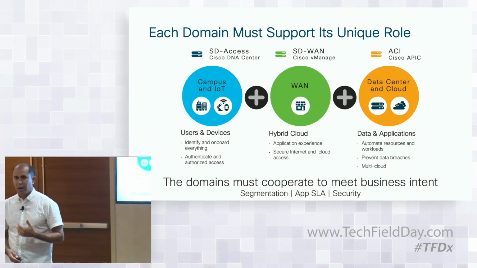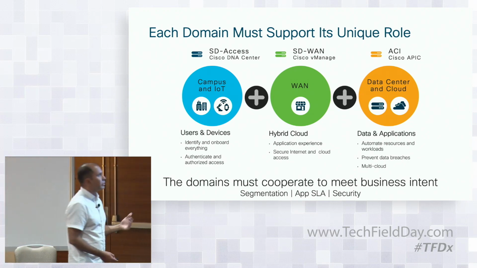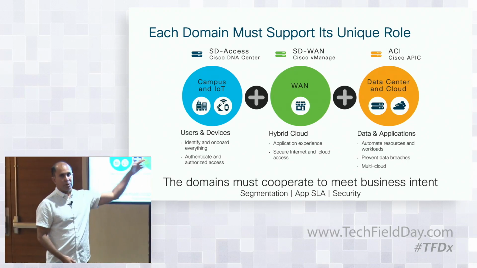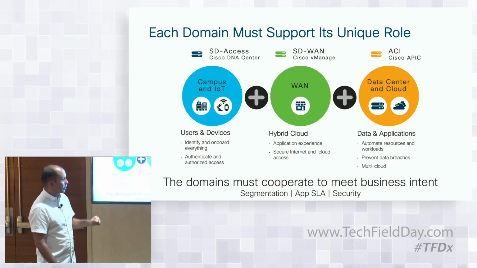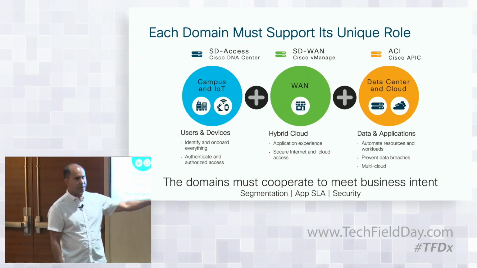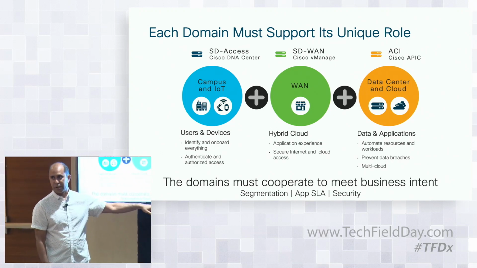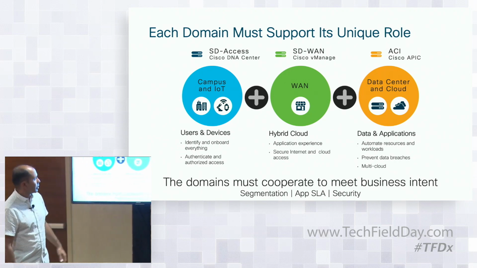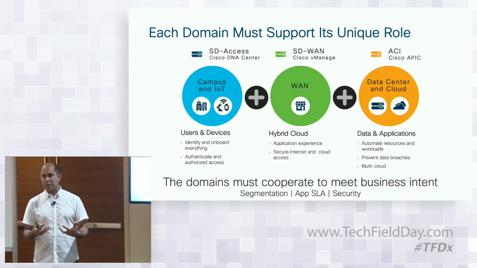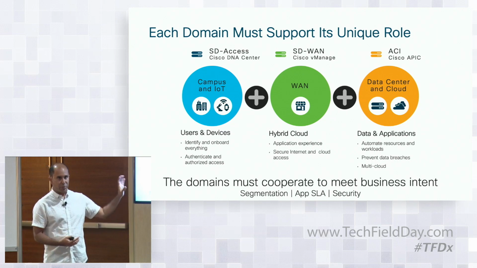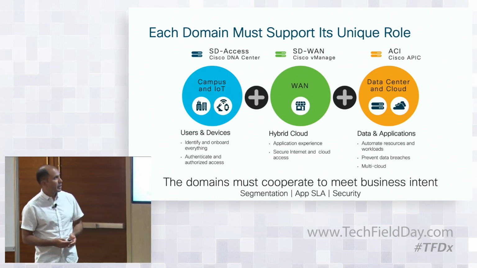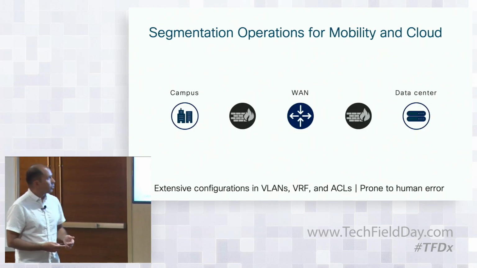However, there are certain things that make sense to visualize on an end-to-end basis, right? Things like segmentation, things like the provisioning of SLAs for different applications, and security. So the domains need to cooperate to satisfy that business intent and produce those end-to-end experiences. And that's what we're focusing on.